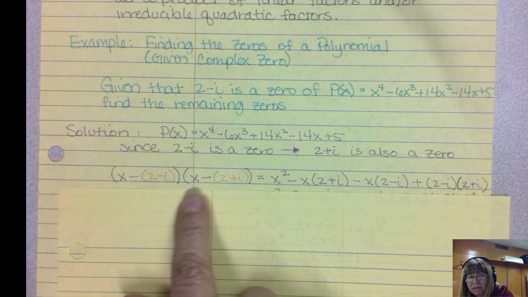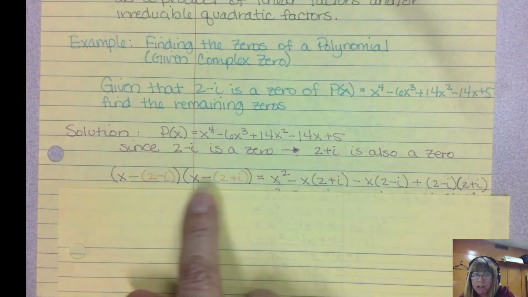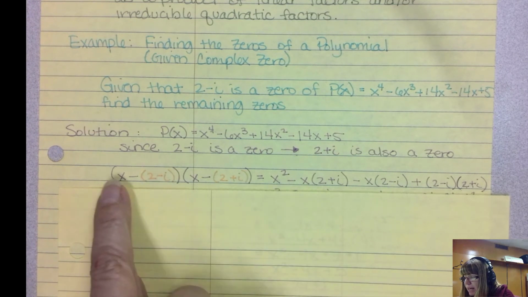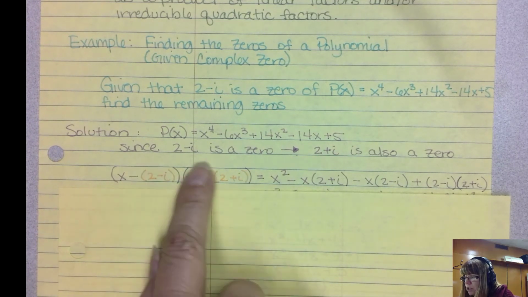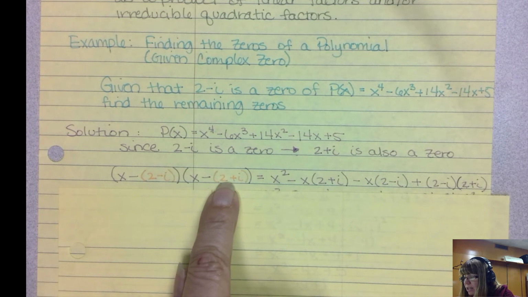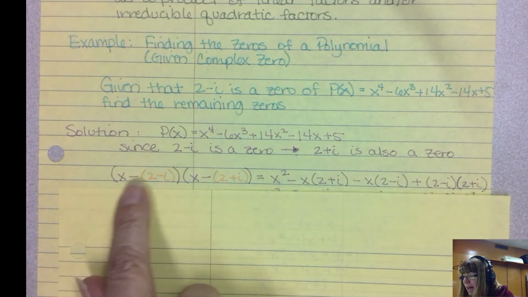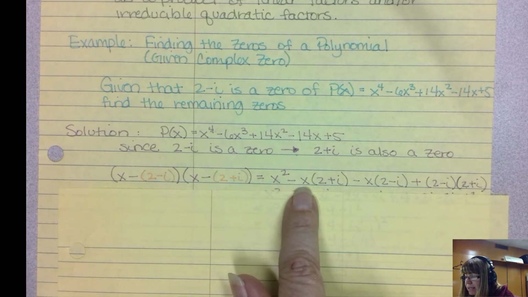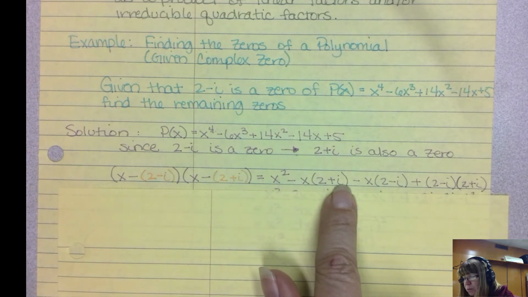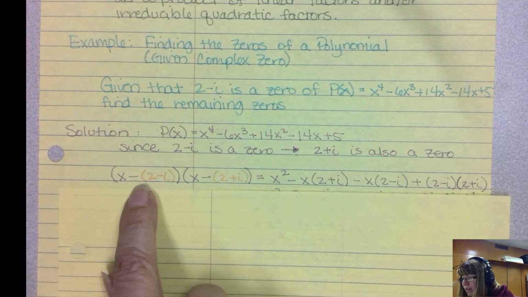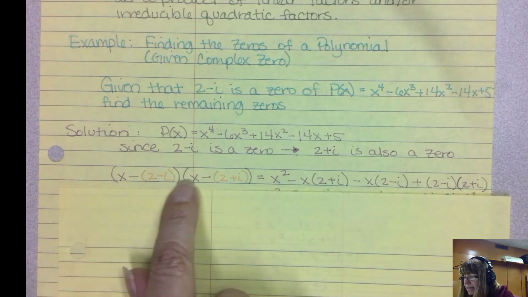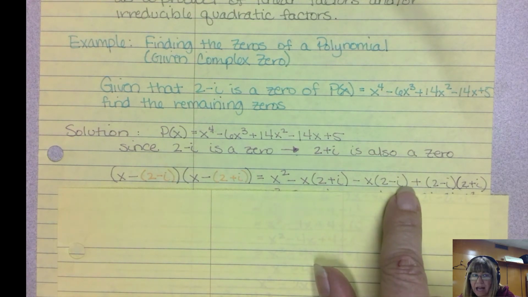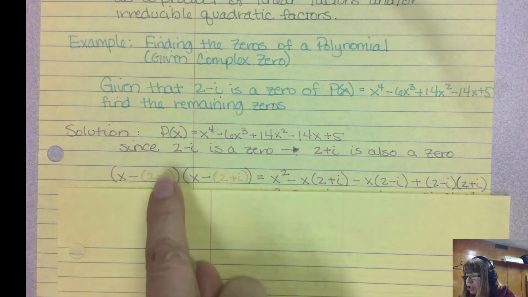Because we know that x minus (2 minus i) and x minus (2 plus i) are factors, I can FOIL this out and see what polynomial this is. So x times x is x squared. x times negative (2 plus i) is minus x times (2 plus i). And then negative (2 minus i) times x is negative x times (2 minus i). Now you might be wondering, why didn't I do each individual term?